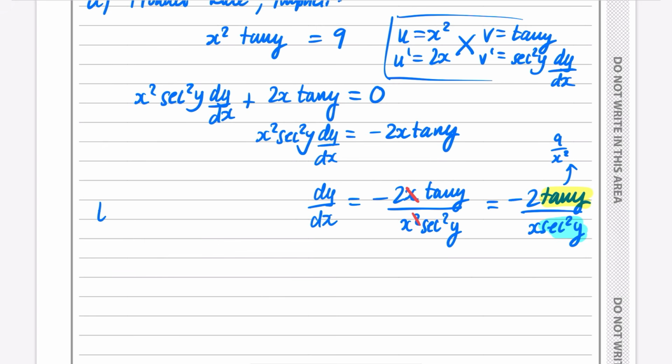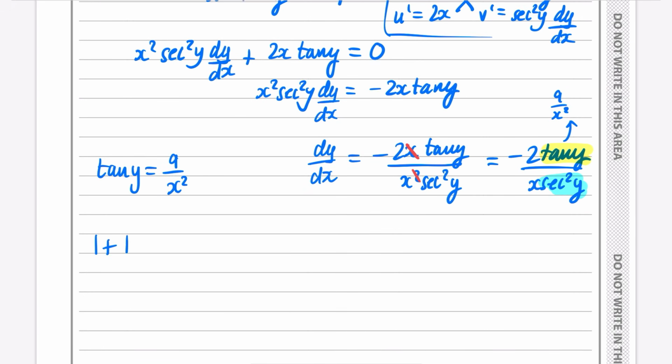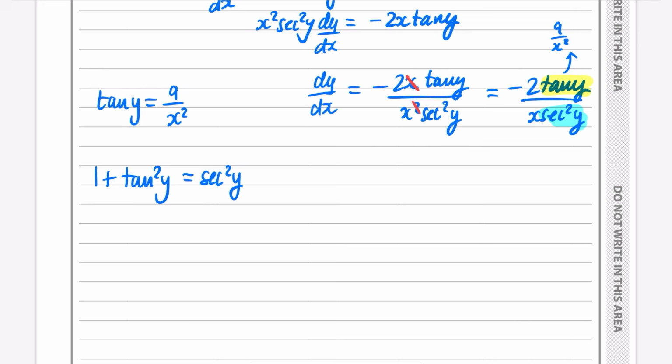So we know that tan y is 9 over x squared. Now there's an identity, right? There's an identity that 1 plus tan squared y is equal to sec squared y. I always tell you to memorize these things because this is why you just need them at the tip of your fingers all the time. So sec squared y is 1 plus 9 over x squared. That's what sec squared y is going to be equal to.